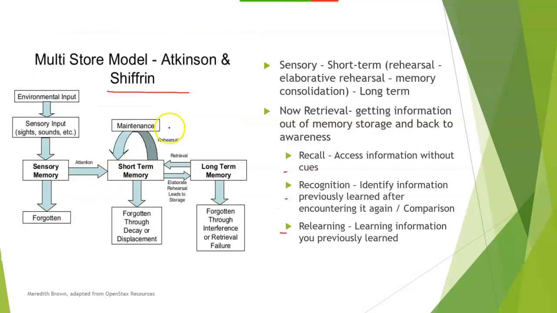But how about this? Which one is not part of the model: sensory memory, long-term memory, chunking, or short-term memory? Even though you saw chunking, chunking is not associated with the Atkinson-Shiffrin model. Semantic memory technically is.